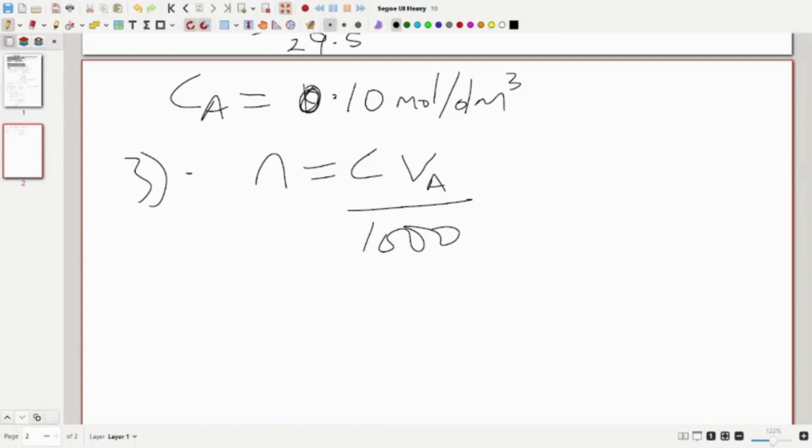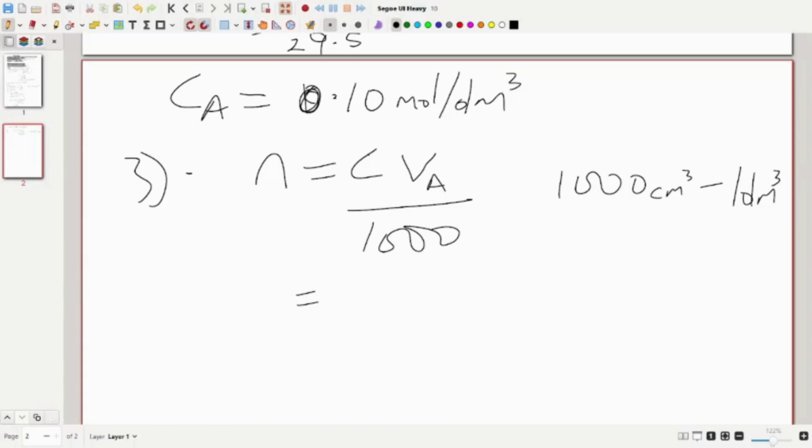The essence of the 1000 is to convert the cm³ volume of the acid to dm³. That is one of the ways students lose marks in this type of calculation, when you forget to include the 1000.